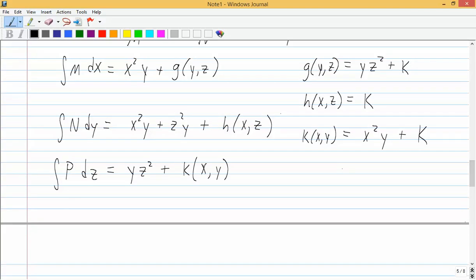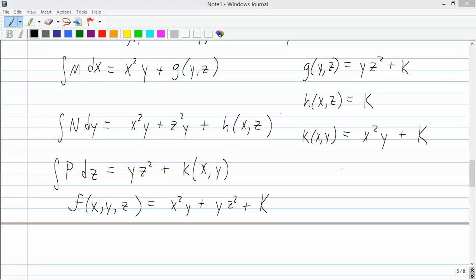So our potential function, f of x, y, z, is the sum of all of these. It's going to be x squared y plus yz squared plus k. Our capital K is like our C. We don't have to add them up because it's just some number.